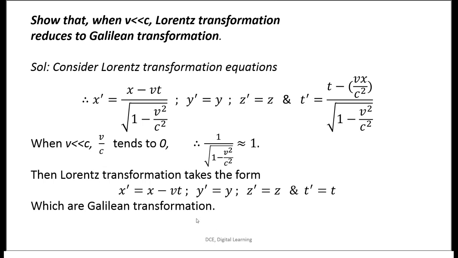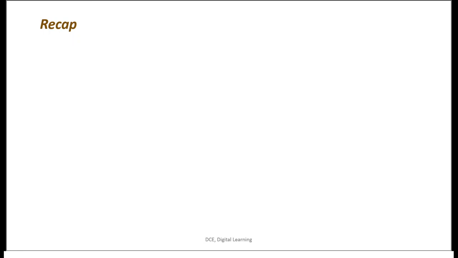These are nothing but the Galilean transformation equations. With this we can conclude that when the velocity of the particle or a body is very much lesser than the speed of light, the Lorentz transformation equations reduce to the Galilean transformation equations.